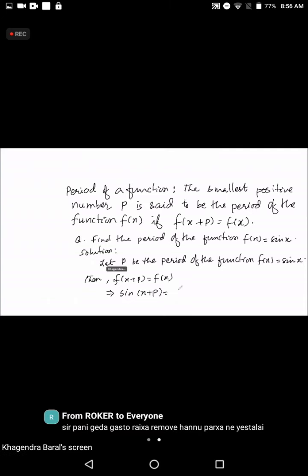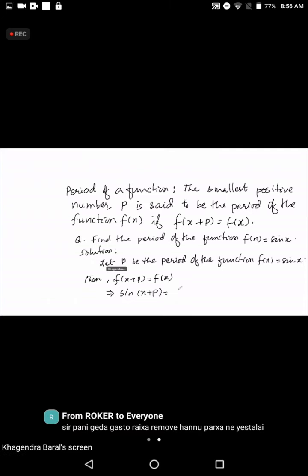Or simply you can use the formula for sin a cos b plus cos a sin b on the left hand side and compare the coefficients to get the value of p. So sin of x plus p is equal to sin x, that is, sin x cos p plus cos x sin p is equal to sin x.